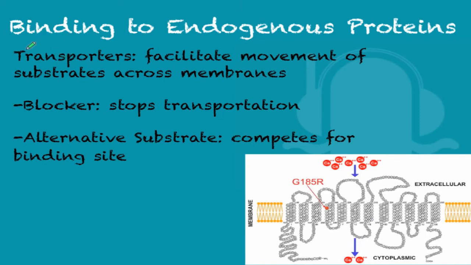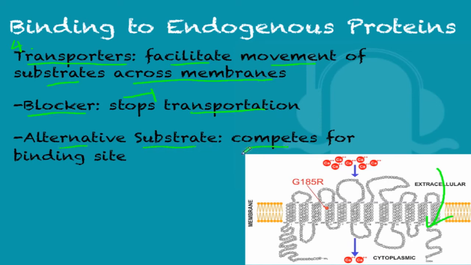The last subtype, number 4, which drugs use are transporters. These facilitate the movement of substrates across the membranes, as you can see here, from extracellular to intracellular. There are 2 subtypes of drugs that act upon these transporters: blockers, which inhibit the transportation, or alternative substrates.